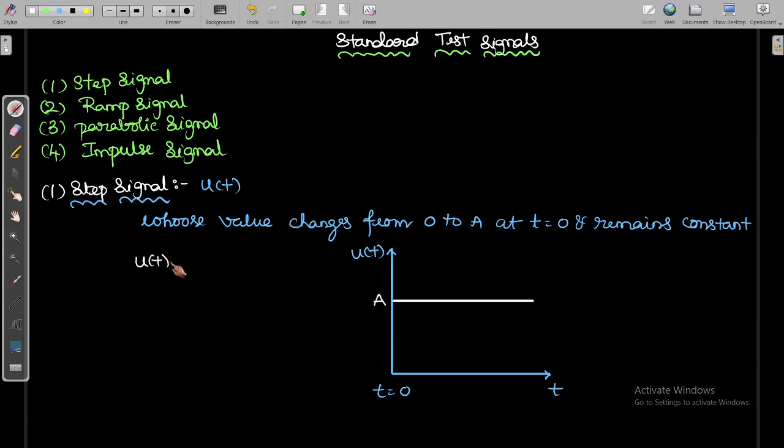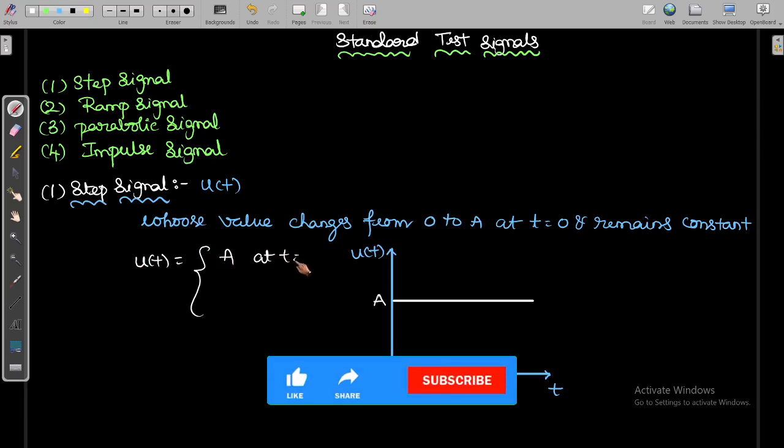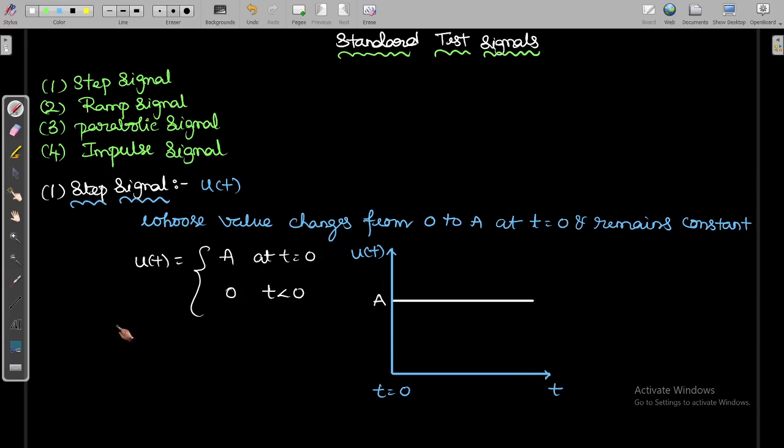Mathematically we can write the step signal as u of t equals A for t greater than or equal to 0, and 0 for t less than 0. So this is the step signal which we are going to use for the representation. Whenever you take the unit step signal, what is the value of A? A equals 1.